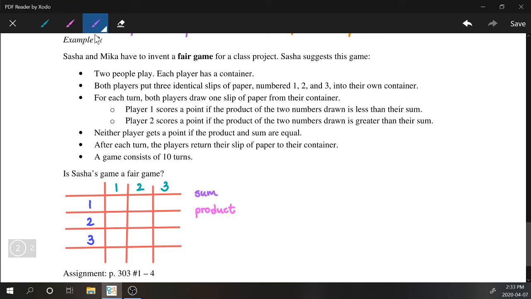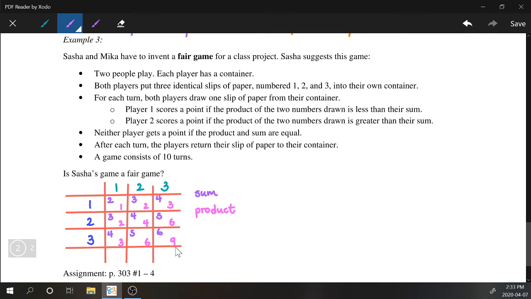All right, so the sums would be 2, 3, and 4, and then 3, 4, and 5, and then 4, 5, and 6. And then we're going to write the products. We have 1, 2, 3, 2, 4, 6. And then here we have 3, 6, and 9.